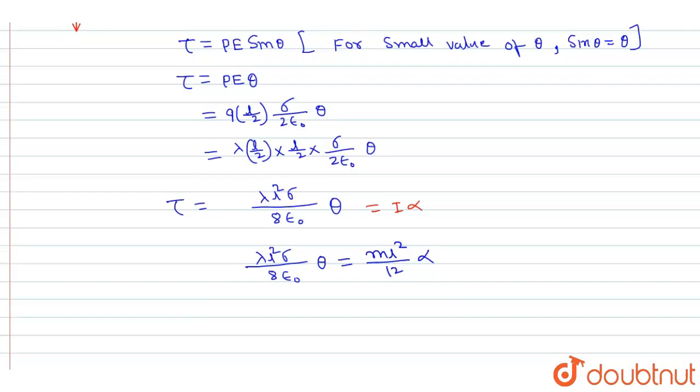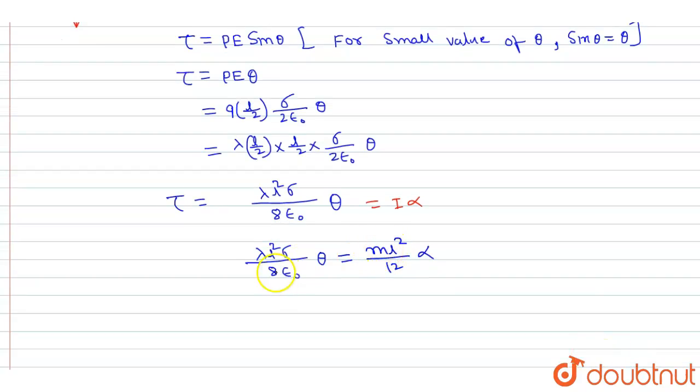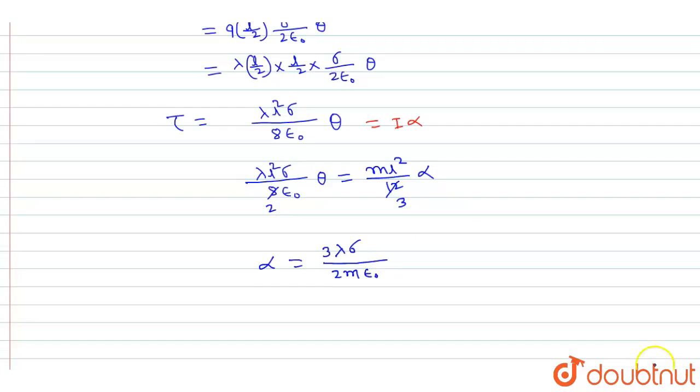L square cancels out, and 4 twos are 8, 4 threes are 12. So alpha is equal to 3 lambda sigma divided by 2 m epsilon naught, into theta.